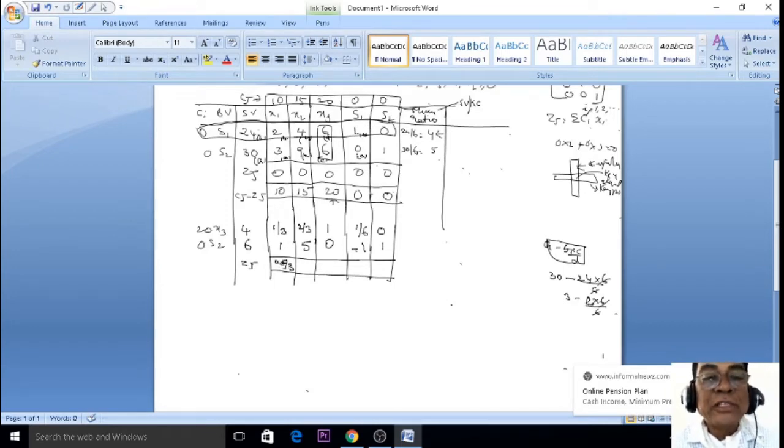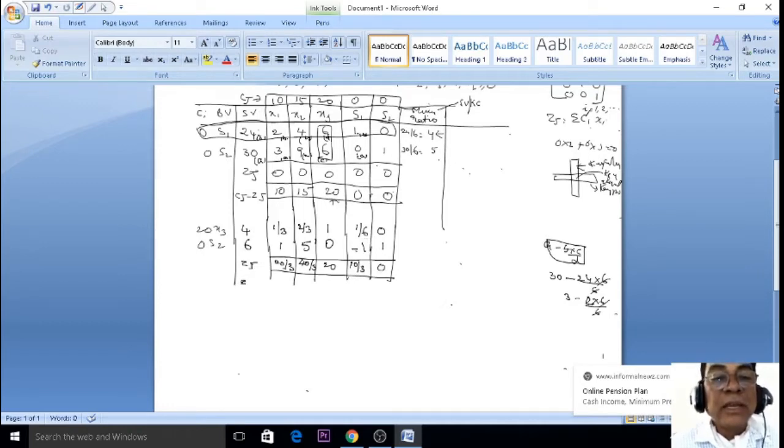Don't convert into decimals. Always give first preference to fractions. 20 into 2 by 3 plus 0 into 5. So 40 by 3. 20 into 1 plus 0. So 20. 20 into 1 by 6 plus 0 into this. So 10 by 3. So this is equal to 0.